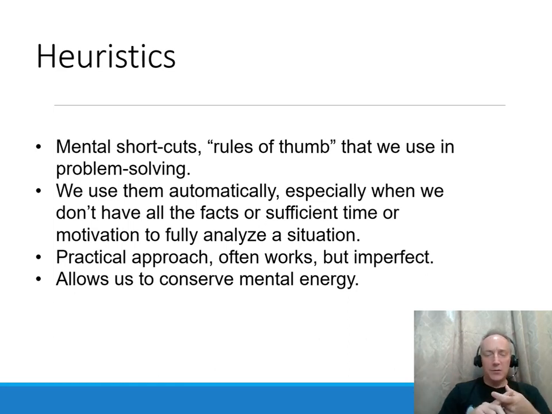We use them when we don't have all the data. We don't have all the time, but we still have to make a decision or come to a solution, or maybe we're just not motivated to give it a whole lot of mental energy. So a heuristic is a way of still making a decision, and they usually work out pretty well, but we have to remember that they're not guaranteed to be correct.